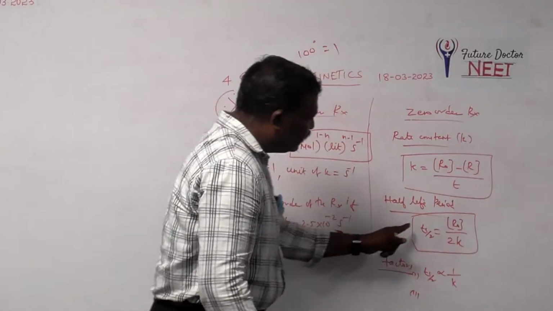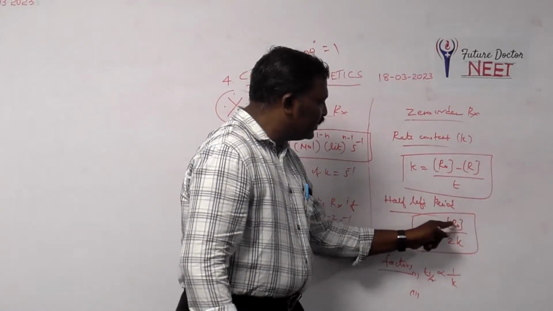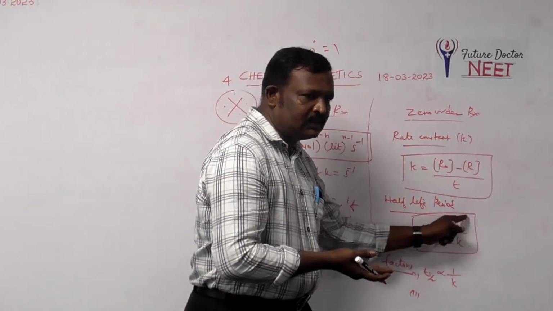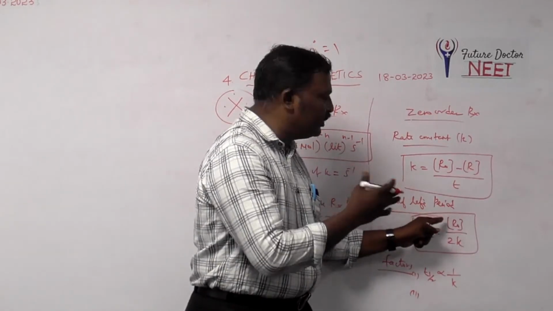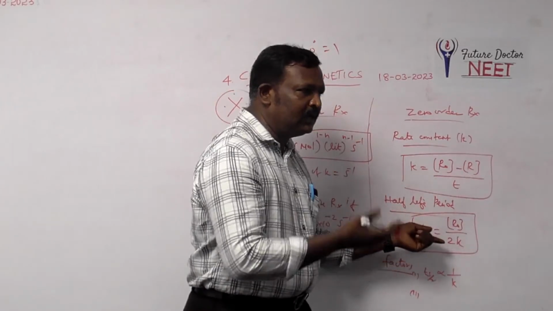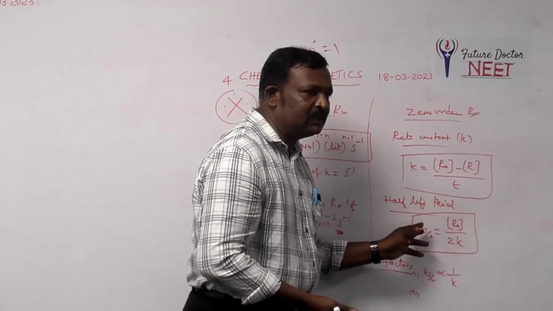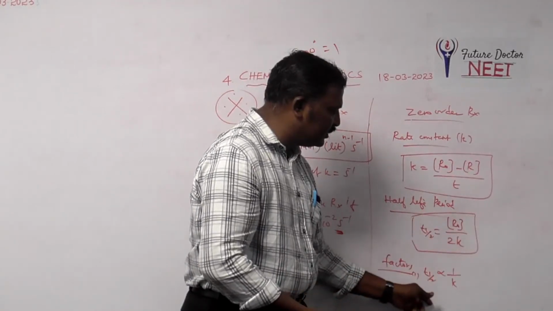Then when the concentration of reactant increases, t half also increases, directly proportional. Last time we didn't have any R naught term, so I told you it was independent of initial concentration, but here it depends upon initial concentration. Just write, second point you write.